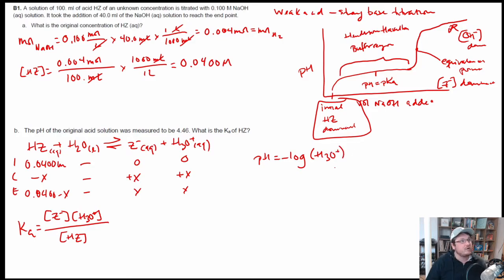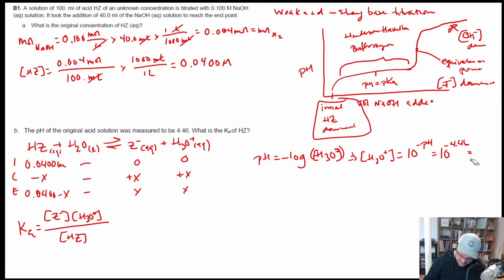So if we're trying to figure out what the concentration of H3O plus is, we just rearrange this, and so we get the concentration of H3O plus is equal to 10 to the power of the negative pH. If we plug in our value, we have 10 to the power of negative 4.46.